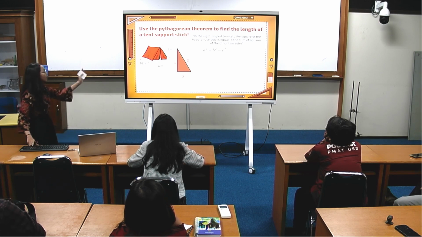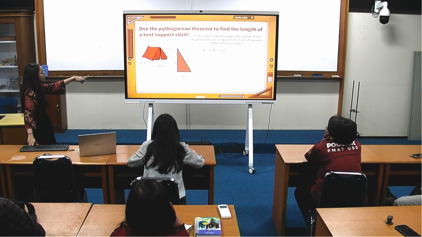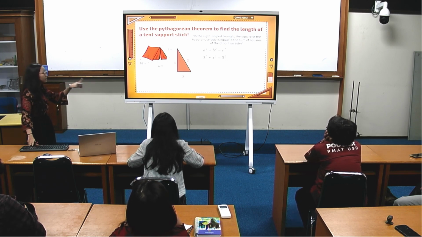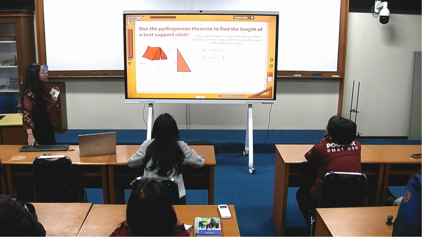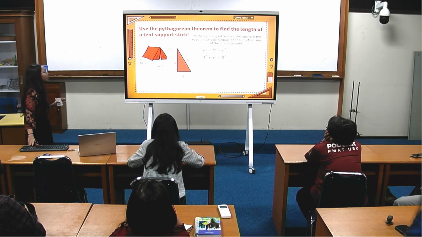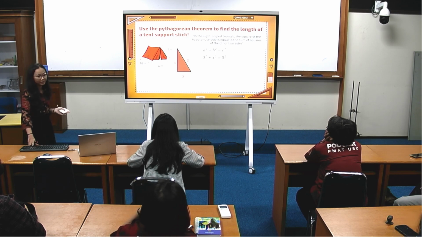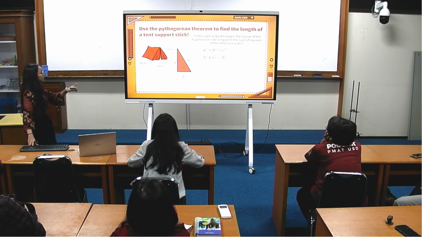In this problem, we can substitute the value of a is 3, so 3 squared plus x squared, where x is the length of the tent support stick, and c is 5.